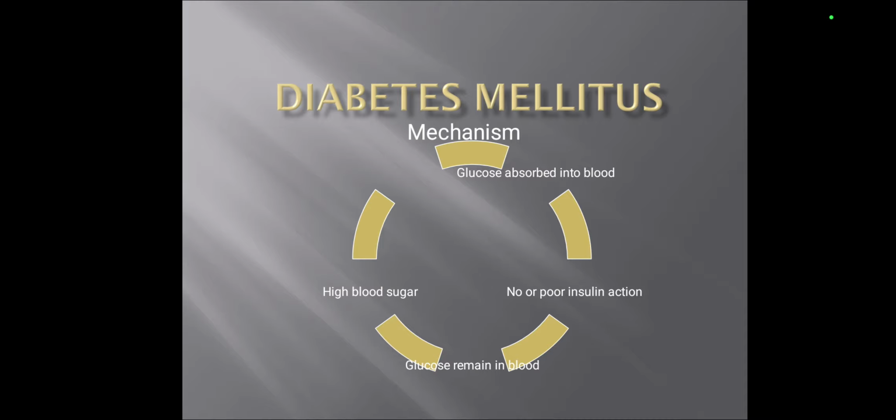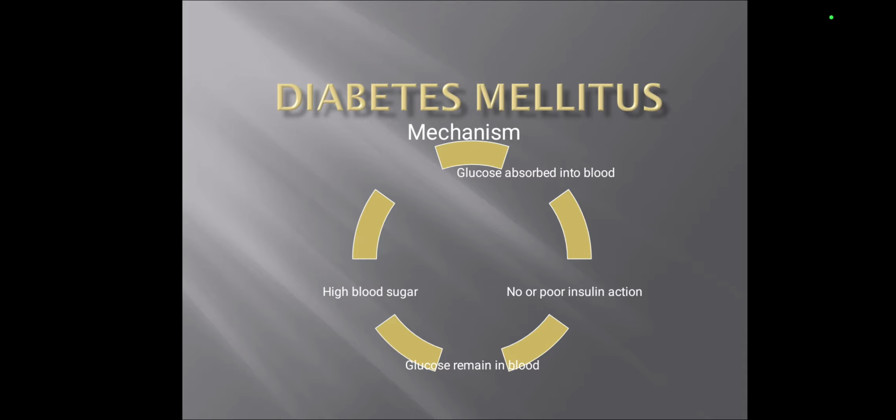Now, in this second mechanism, we have got two problems. One, a problem with secretion of insulin, and also a problem with insulin having poor action to facilitate glucose absorption into the cells.